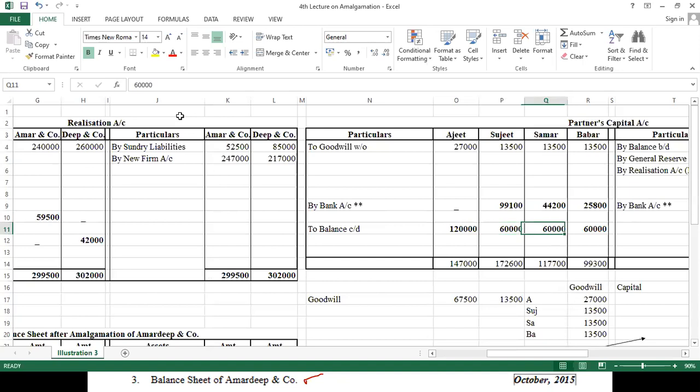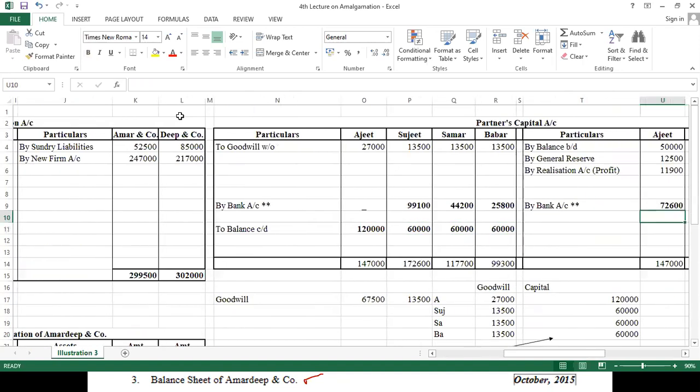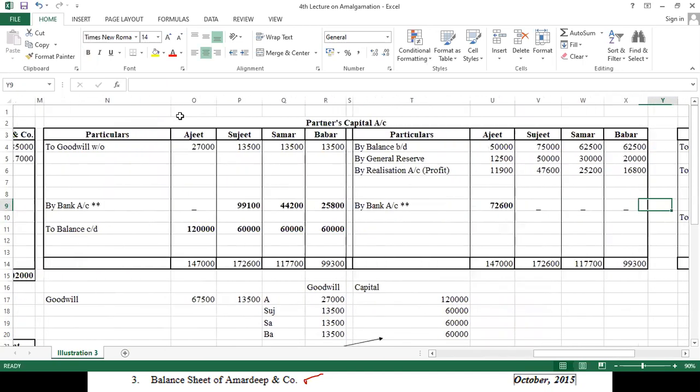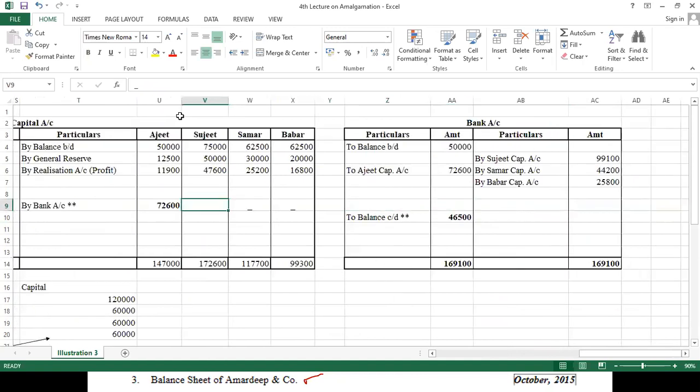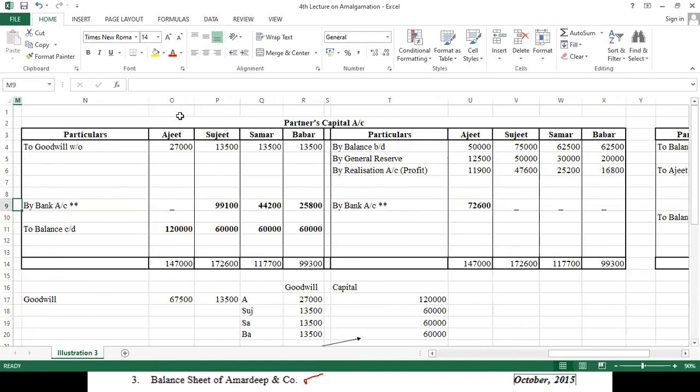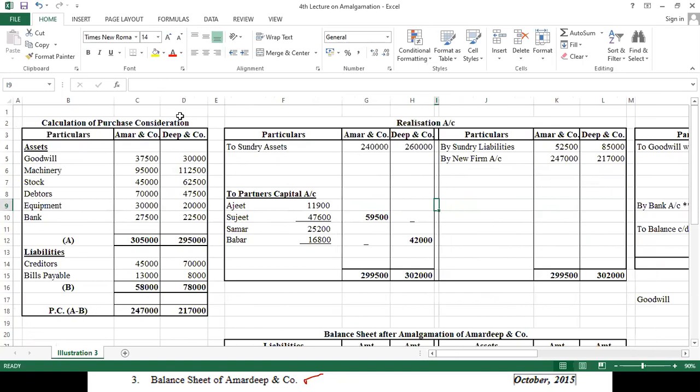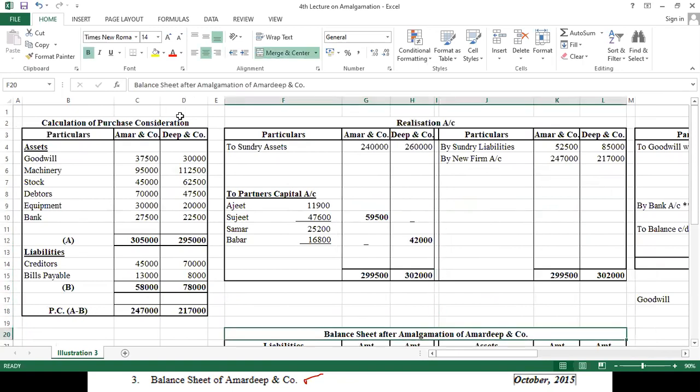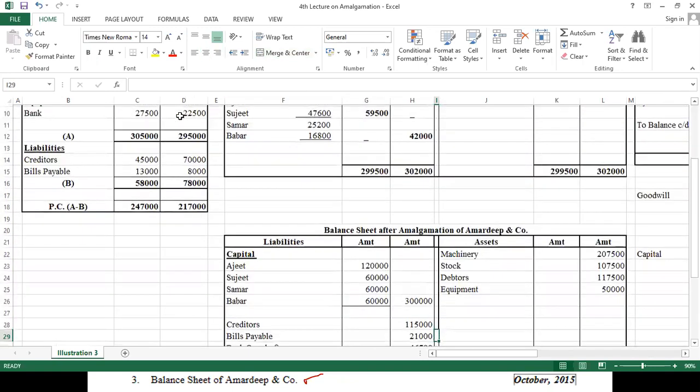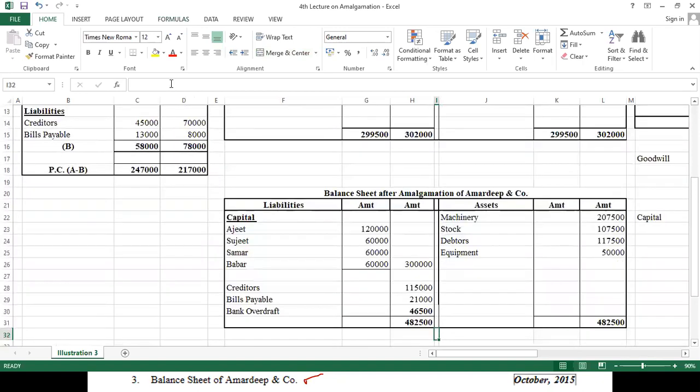Okay, and thereafter, if there is any difference in partner's capital account, that difference is to be adjusted through cash or bank account. And after that, immediately make a cash or bank account so that your balance sheet is created very smoothly. So that there will not be any problem here. I hope you have understood this problem very clearly. Any difficulty, doubt, please let me know.